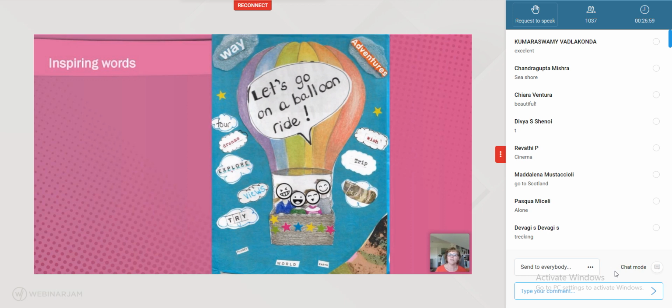Okay, so I've actually added some smiley faces there to the picture, and I've added some clouds around the picture and written or stuck words in there for things that I would associate with going on a balloon ride. Okay, and you can see that it's actually on my bucket list to go on a hot air balloon ride. Okay, one day I hope to do this.